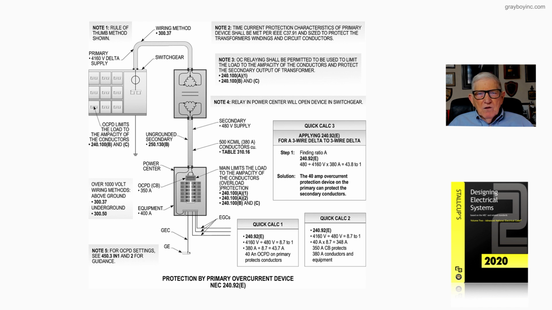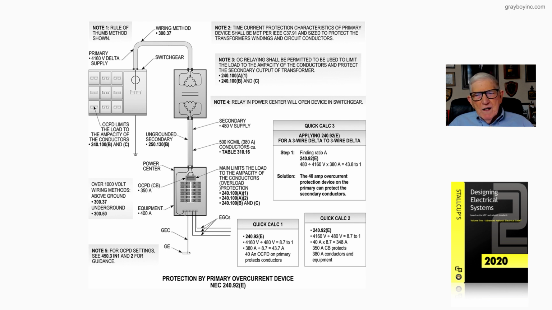And then Note 3: the overcurrent protection relaying shall be permitted to be used to limit the load to the ampacity of the conductors and to protect the secondary output of the transformer in accordance with 240.100(A)(1) and 240.100(B) and (C) of the NEC.